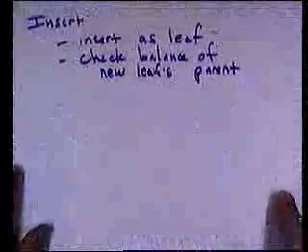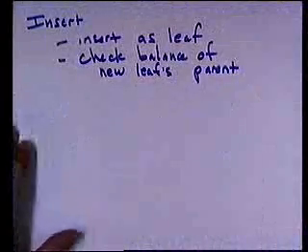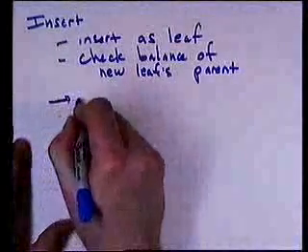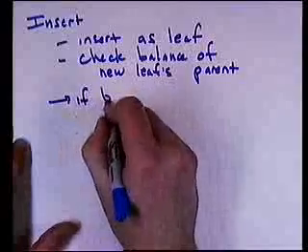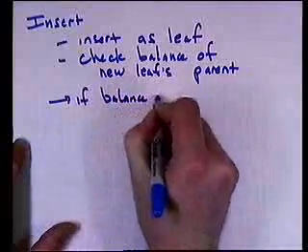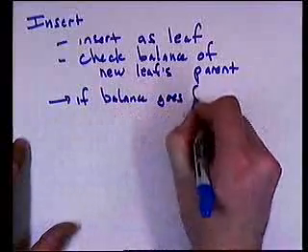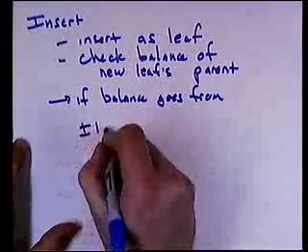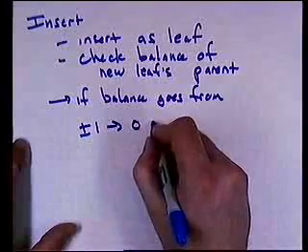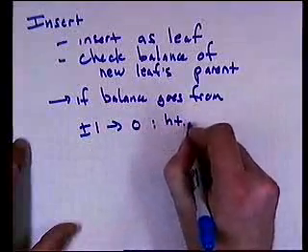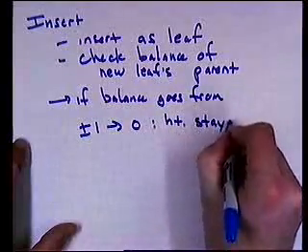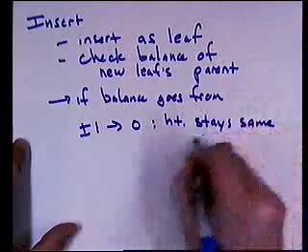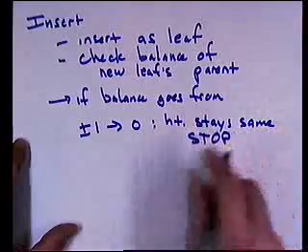And so the idea here is we check the balance of the new leaf's parent, and now we say if the balance goes from ±1 to 0, then you can say the height stays the same, and you can stop the operation.